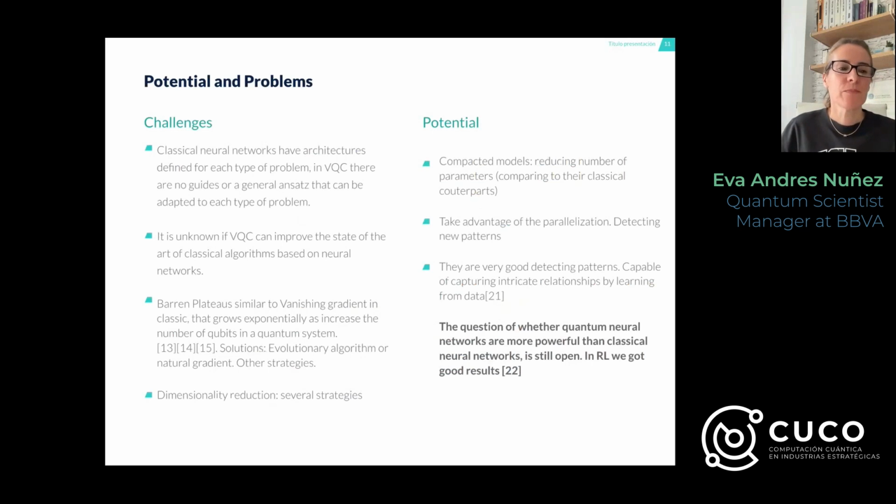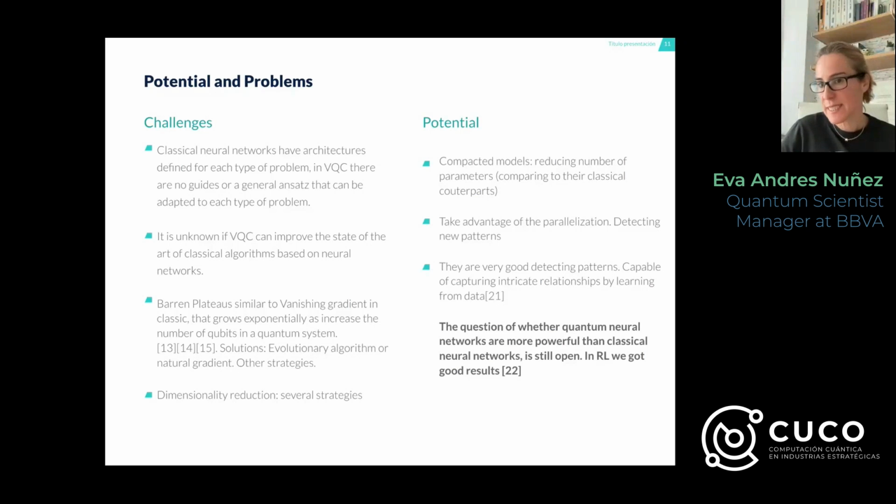So at this point, we have an intuition about the challenges and the potential of the models. Regarding the challenges, as we mentioned before, we have the problem of dimensionality.